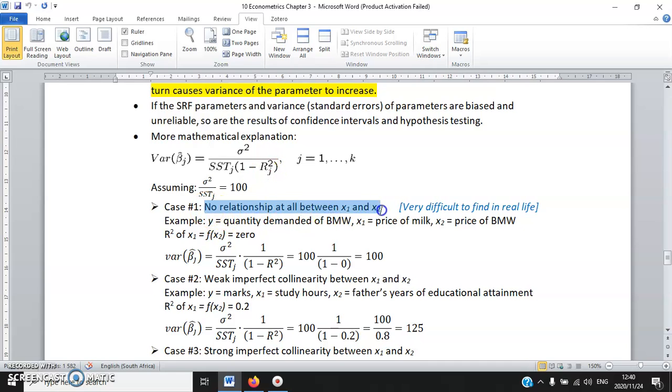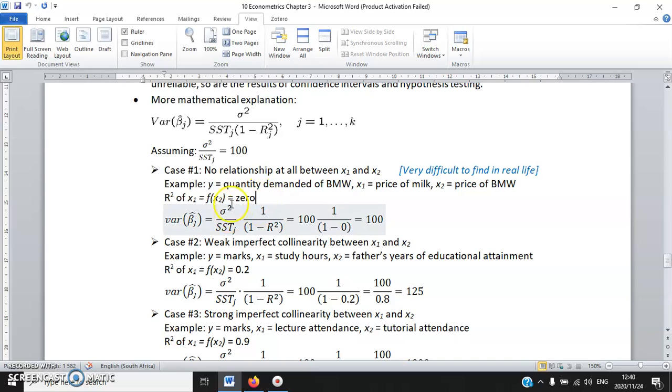Case number 1, no relationship at all between x1 and x2, but in real life it is quite difficult to find. So for example, I run the multivariate regression: quantity demanded of BMW is a function of x1, price of milk, and x2, price of BMW. Then I run the auxiliary regression, x1 regressed on x2.